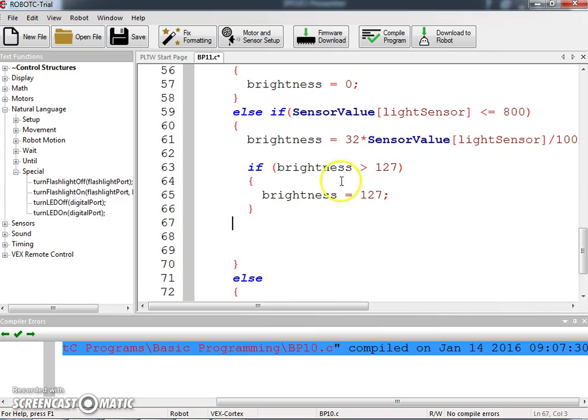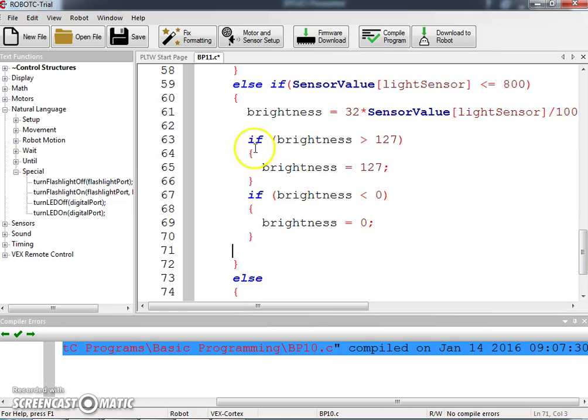You could also say, in this case, if brightness is less than 0, this isn't a bad thing to do either. Say brightness equals 0. So that way it keeps brightness in the bounds of 0 to 127. If it goes above it, it'll reset it to the max. If it goes below it in a negative, it'll reset it to the min.